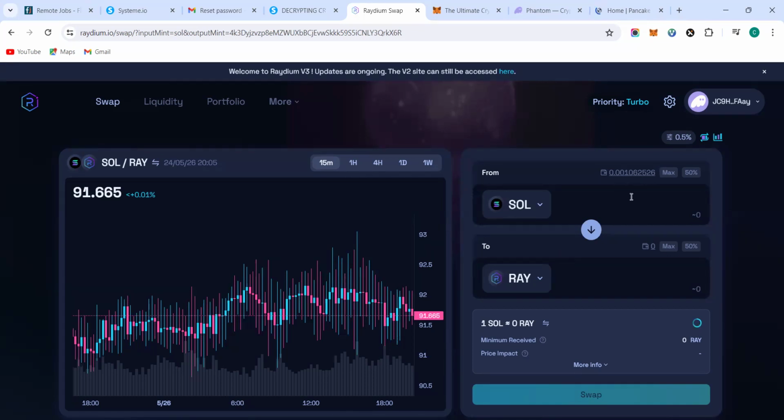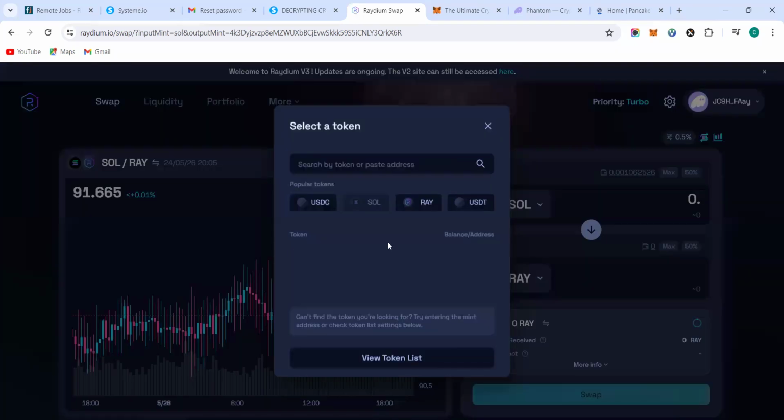So once you move Solana to your wallet, you come to raydium.io. Now you're going to enter how much Solana you have and you want to buy a token. Let's say you want to buy Raydium, or another token. You just paste the contract address here. So how do you get a contract? It could be on Twitter, it could be on YouTube, wherever you found a contract address, or Dex Screener is another place.